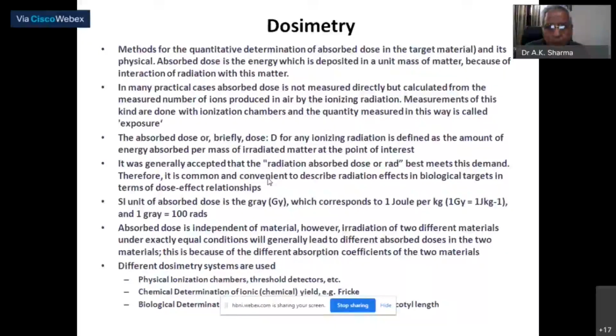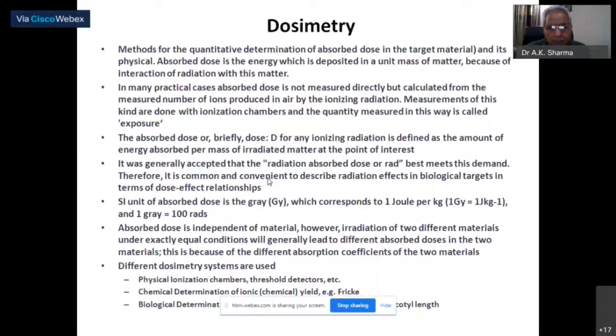And 1 gray is equivalent to 1 joule of energy absorbed in 1 kilogram of material. In terms of the earlier unit of rad, which you might see in literature, 1 gray is equivalent to 100 rads. So 1 gray is equal to 100 rads.